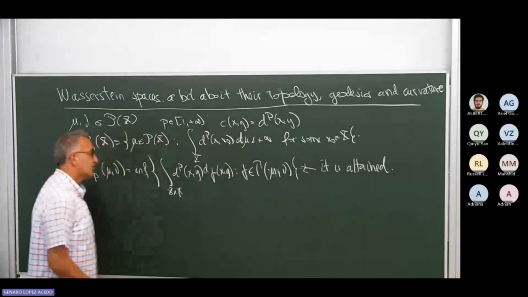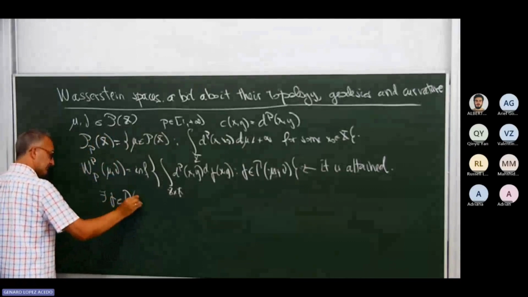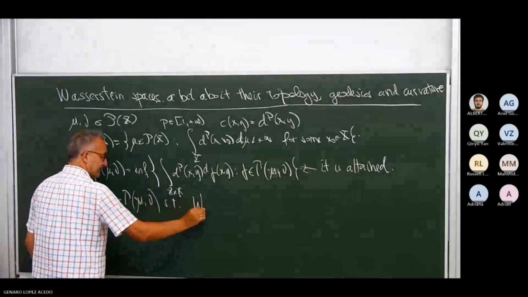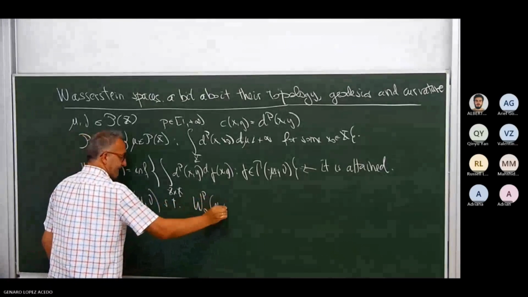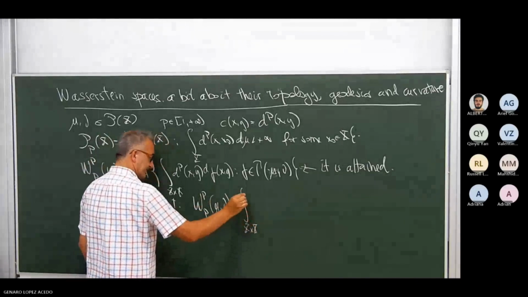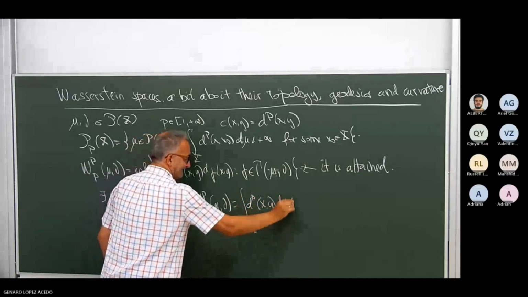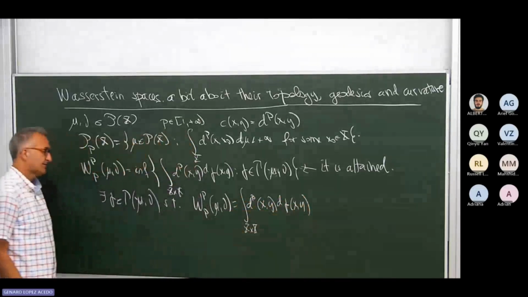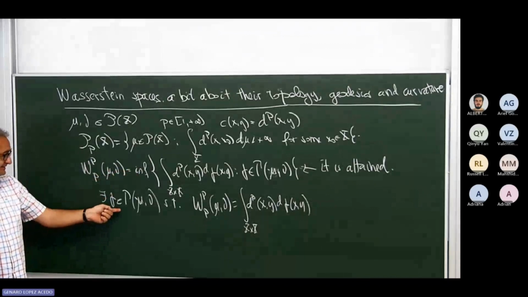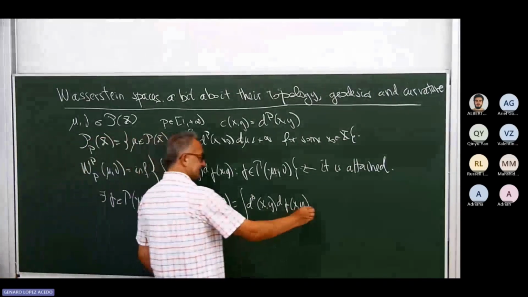So we know that there exist gammas belonging to the couplings such that this infimum is attained. A coupling like this is called optimal.